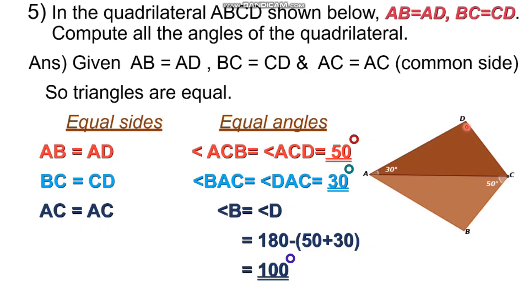So the remaining angle D will be 180 minus of 30 plus 50. We get 180 minus 80. That is equal to 100. Which are the angles? Angle B is equal to 100 degree and angle D is also equal to 100.